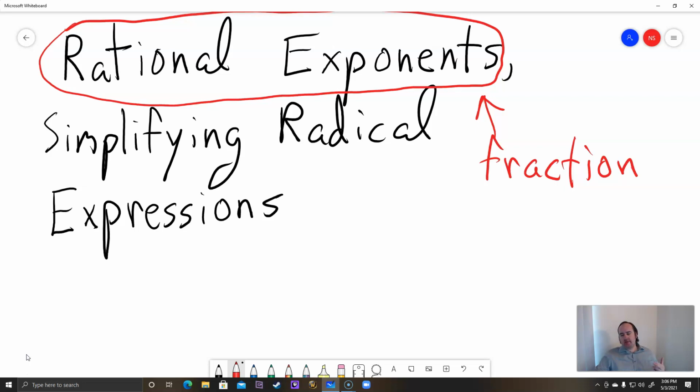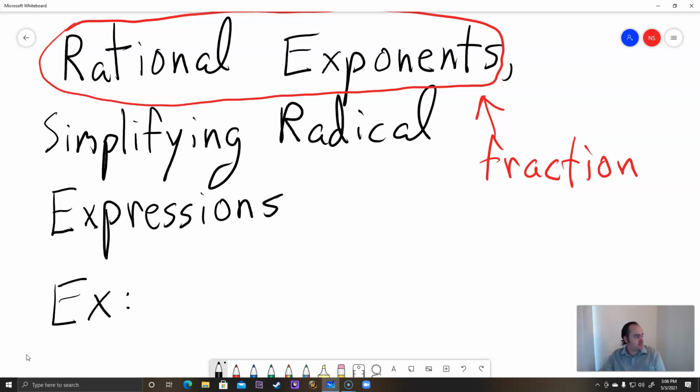And it turns out that when the exponent is a fraction, that's the same as either a square root, a cube root, a fourth root, or a fifth root, etc. Whatever your denominator is going to tell you what type of root it is. So it's actually going to be a radical. Okay, so let's see an example of a rational exponent.